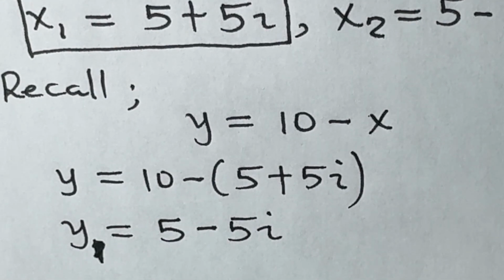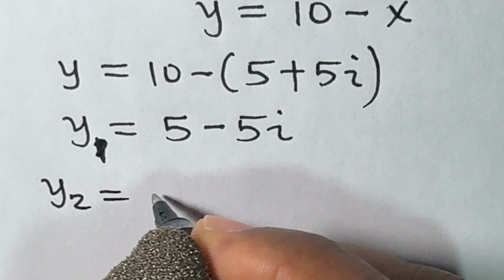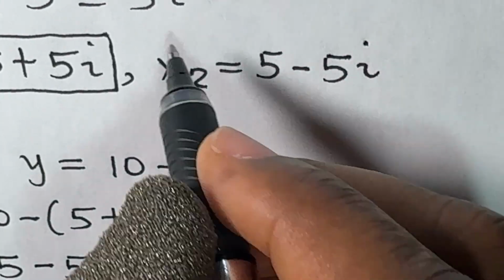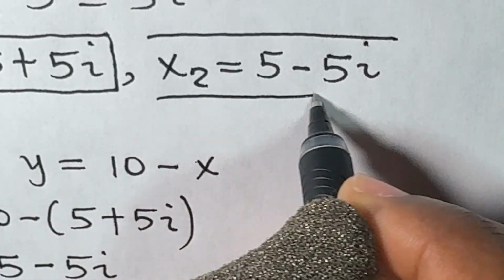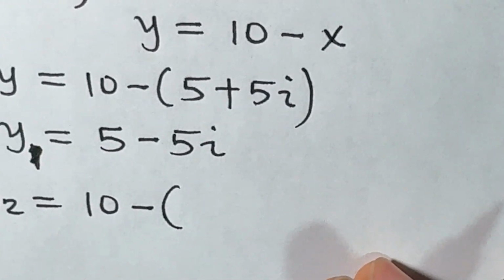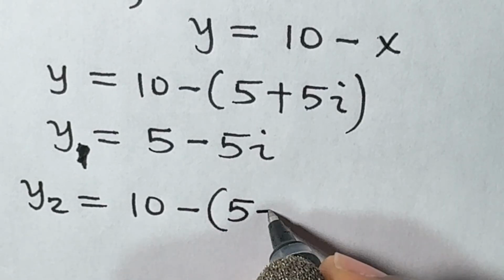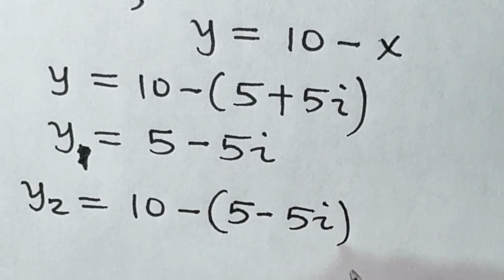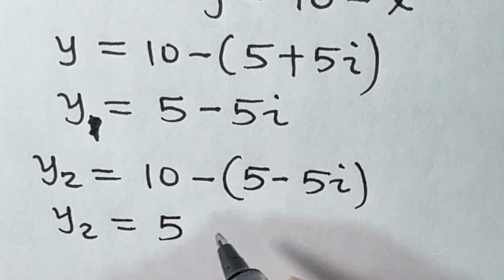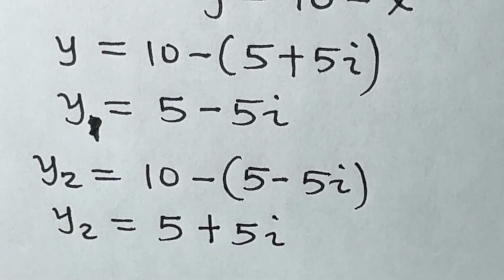and we do the same thing to get y2. So y2 is going to be 10 minus, this is x2, so y2 is 10 minus 5 minus 5i, which will give us y2 is equal to 10 minus 5, which is 5, minus times minus is plus 5i.